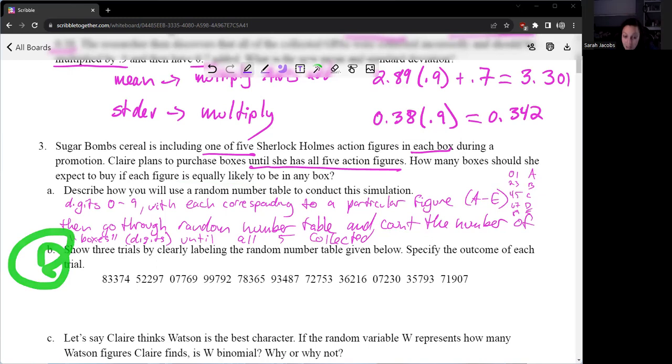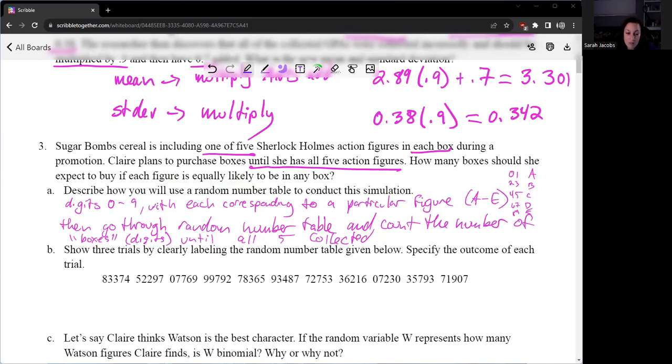Show 3 trials by clearly labeling the random number table given below. Specify the outcome of each trial. Okay, so I'm just going to write the letter of the figurine underneath each number until I've got all 5. For the sake of keeping track a little more easily, once I've already gotten a figurine, I'm just going to cross out the repeats.